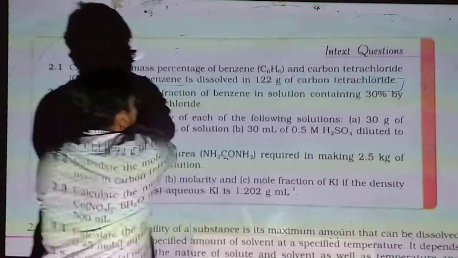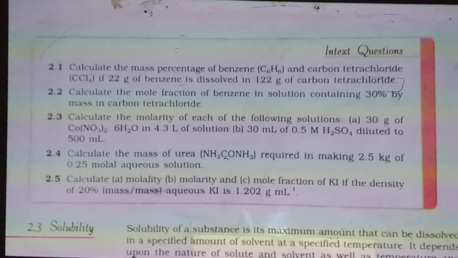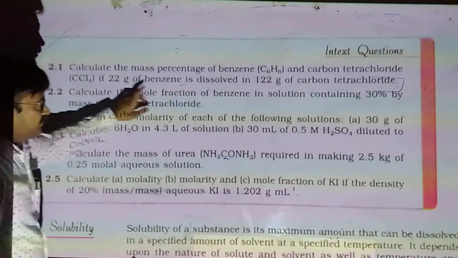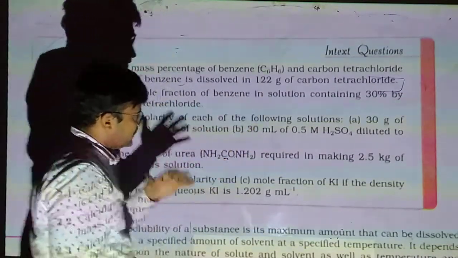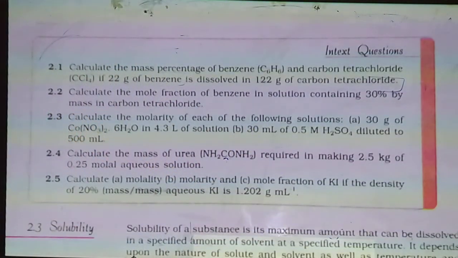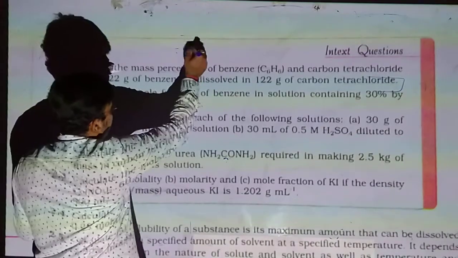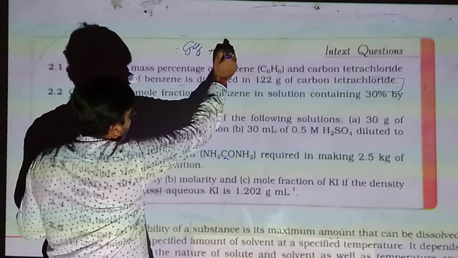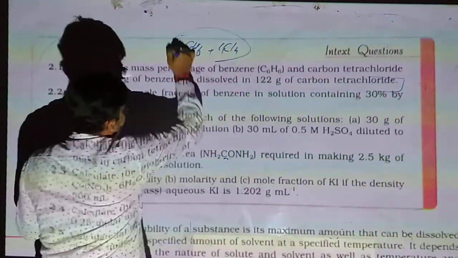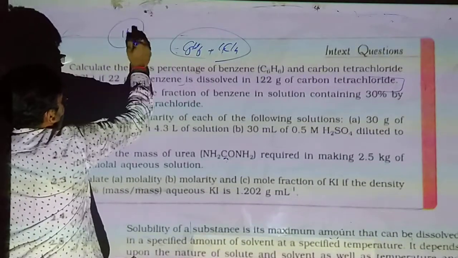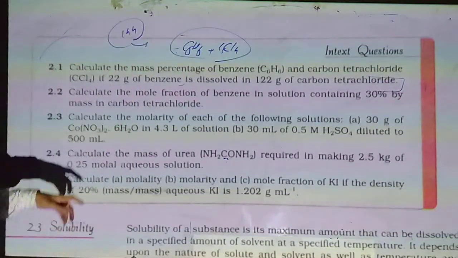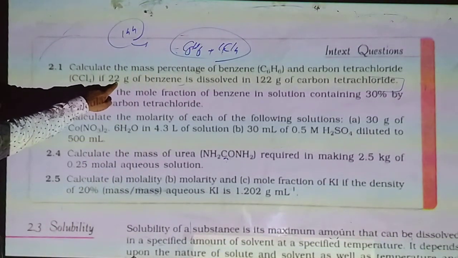Here total mass of the solution, how much? 22 plus 122. So 144 is the total mass of solution. Here two components, carbon tetrachloride and benzene. So total mass will be 144. So in 144, 22 gram benzene is present.